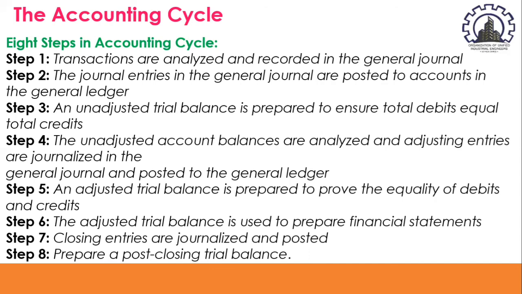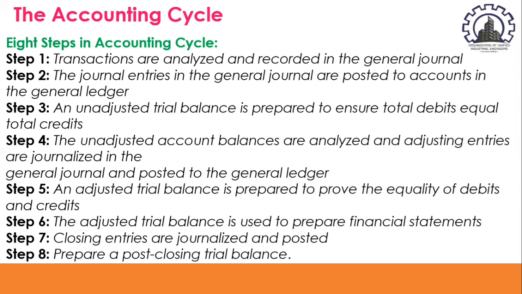So once we have identified the different accounts that are involved in our transactions, that's going to be the time that we record that in our general journal. So that's step number 1. Now, after having recorded that in our general journal, the second step, the journal entries in the general journal are then posted to the accounts in the general ledger.